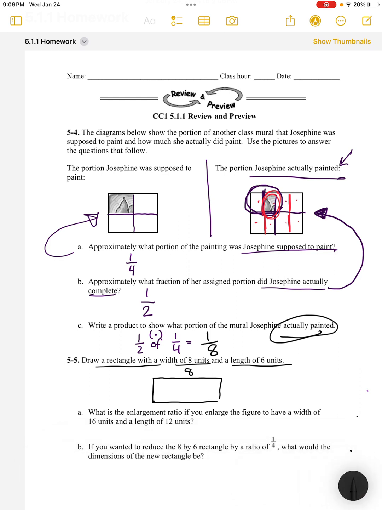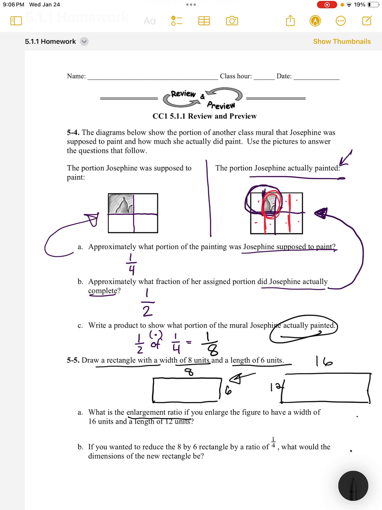This is 8 and this is 6. Well, if this rectangle got enlarged, and instead of 8 by 6, it became 16 and 12, what is the enlargement ratio?